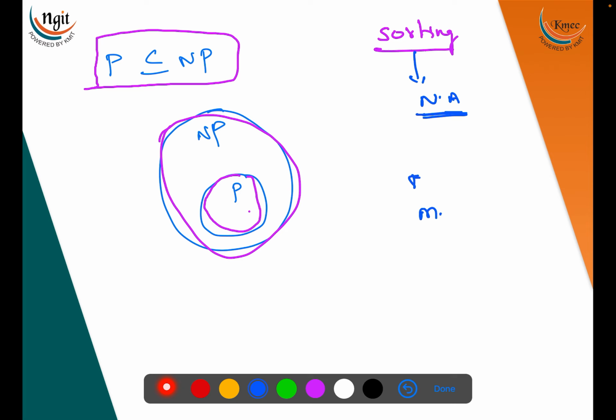Till merge sort came into the picture, we didn't know what merge sort was. Until you know merge sort, it is non-deterministic. The moment you come to know the merge sort algorithm, it becomes deterministic. So whatever is deterministic today was once non-deterministic.